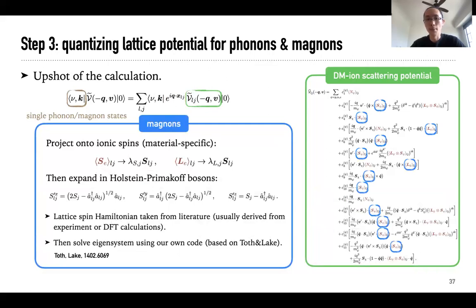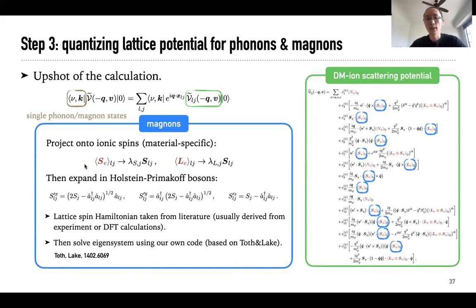For magnons, we have to look at the terms that involve the coupling to the electronic spin or orbital angular momentum. We just single out these terms in this equation, but these are not directly the ionic spins, so we have to make a projection onto the ionic spin operators. This is a material specific calculation that requires understanding the origin of the magnetic order.